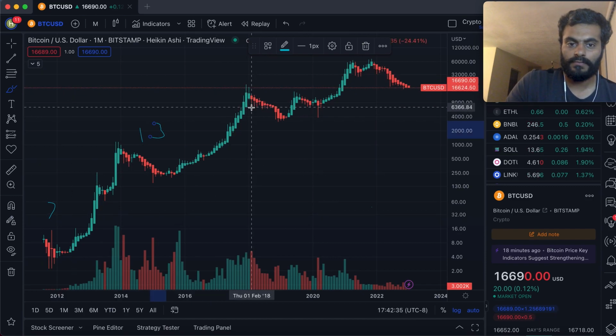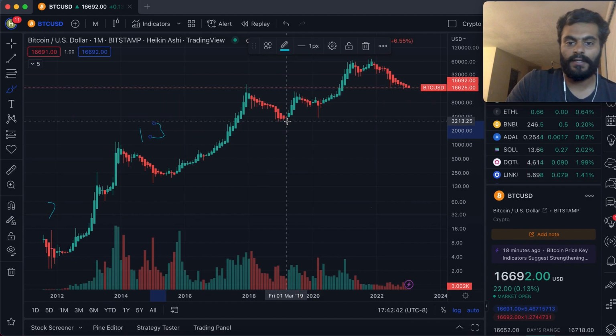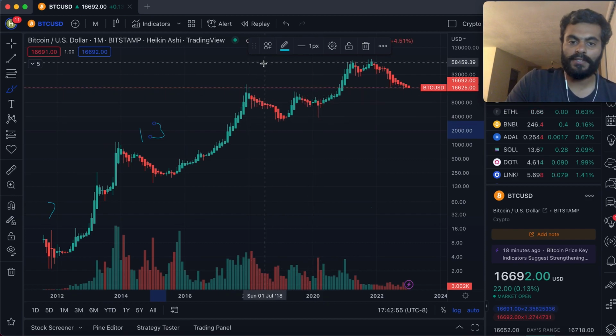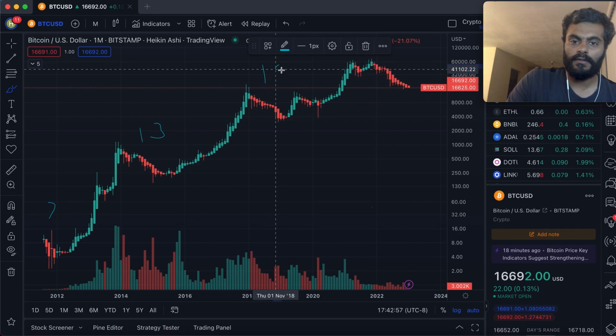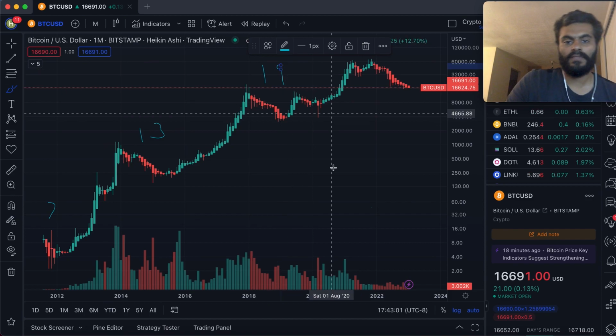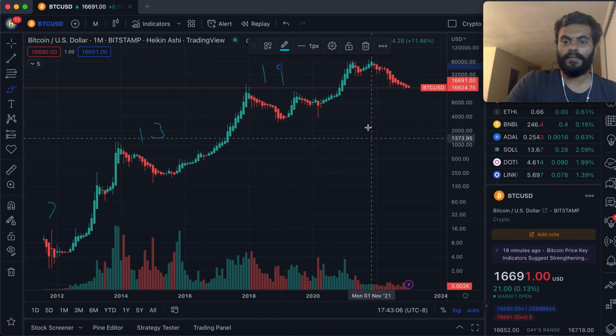In the last bear market, starting from February of 2018 till March of 2019, there were 13 red candles and 6 more before the current bull market, which is from here 1, 2, 3, 4, 5, and 6. So 13 plus 6, about 19 red candles, which signifies an increase of again 6 red candles compared to the prior bear market.